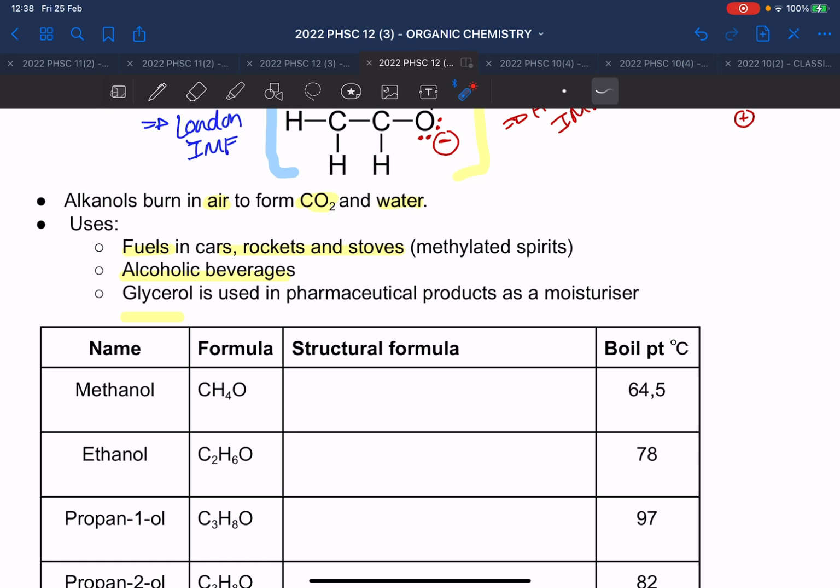So we also use it in pharmaceuticals, and in beauty products as a moisturizer. All right, just FYI. So Vaseline. You'll never see me use Vaseline on my lips or on my skin, because what it does is it creates a barrier between your skin and the outside.